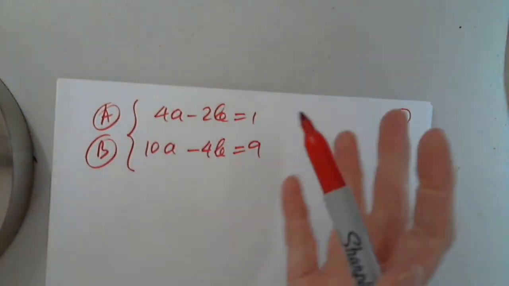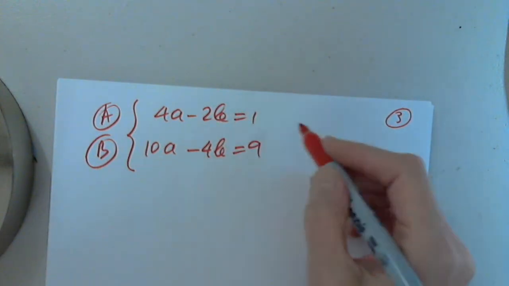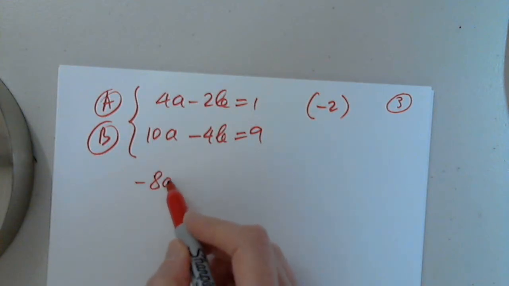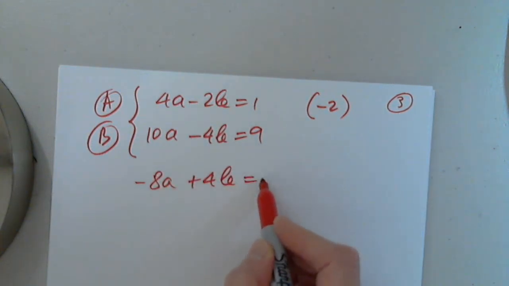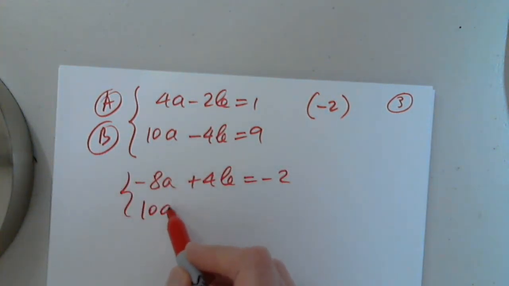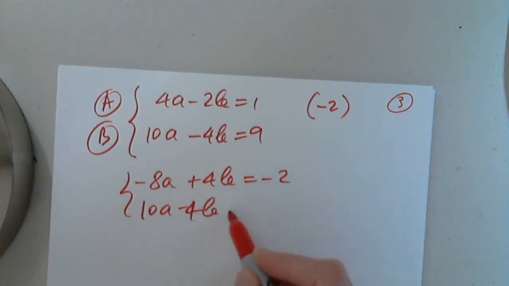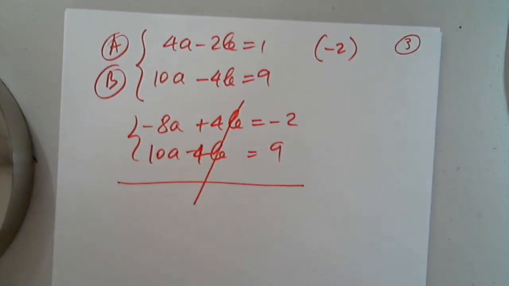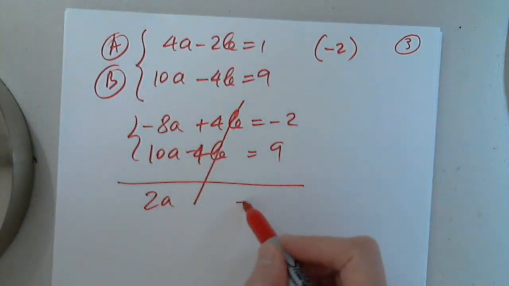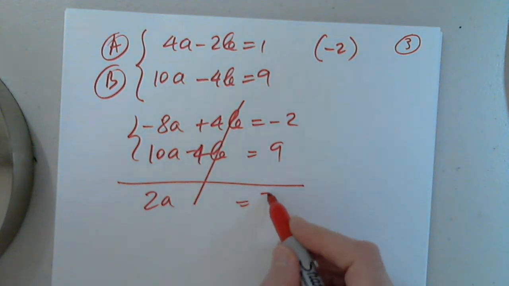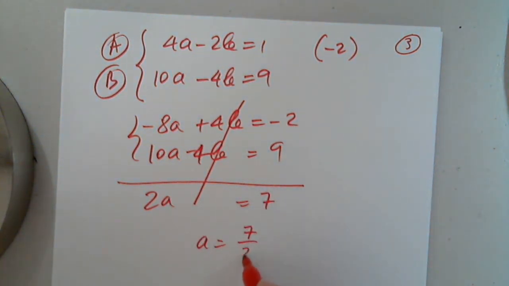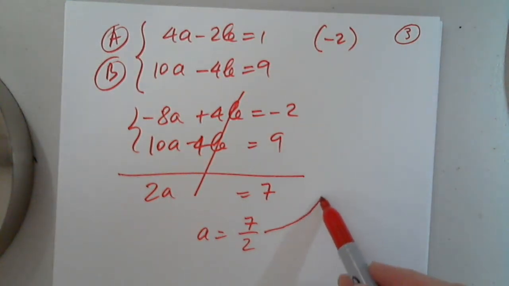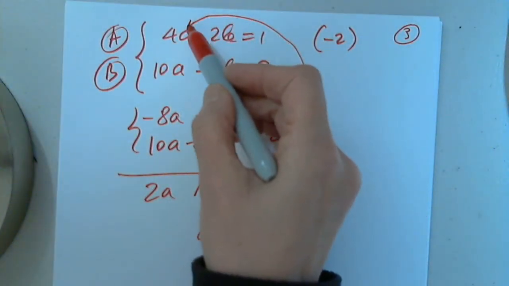Good. So I would like to eliminate b, multiplying the first equation by negative 2. So negative 8a plus 4b equals negative 2, and 10a minus 4b equals 9. b is gone. 10 minus 8 is 2a. 9 minus 2 is 7, so a equals 7 halves. With a equals 7 halves, I will go back to the first equation.